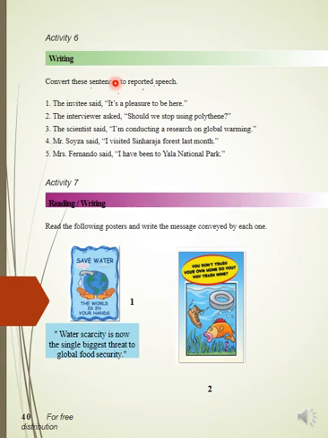Now when you write it as a reported speech, you had to get to know the tense of the sentence. It's a past tense because the invitee said. The verb is past tense. Then when you write it as reported speech, the answer is the invitee said that it was a pleasure to be there.